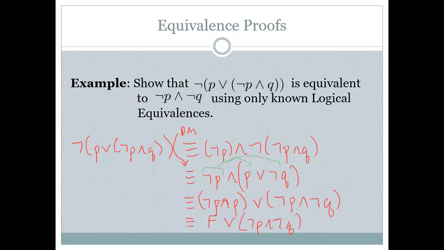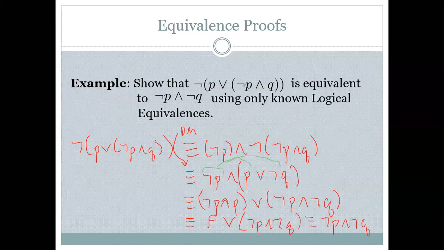Yes. False isn't really contributing to the overall truth value. So this thing is automatically not P and not Q. Yes? Interesting.